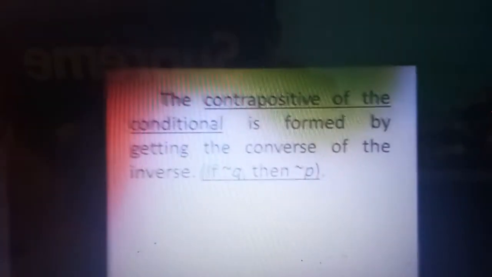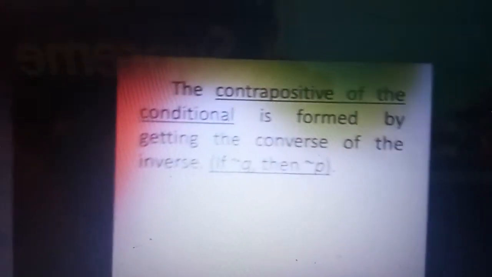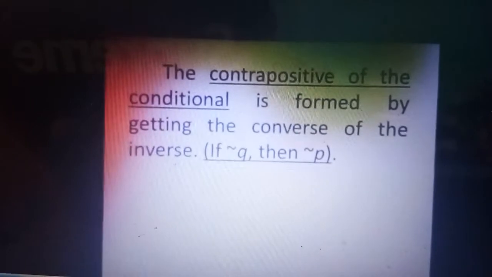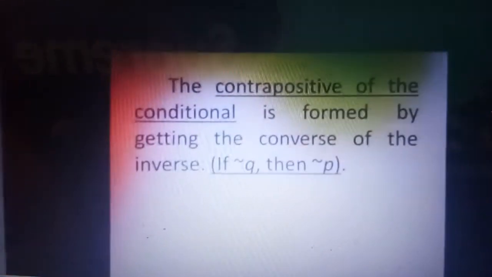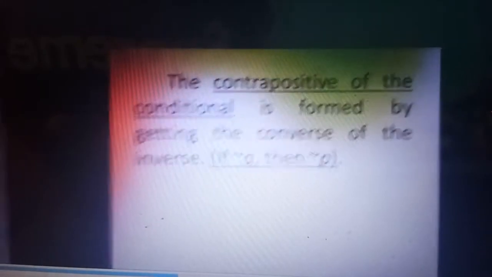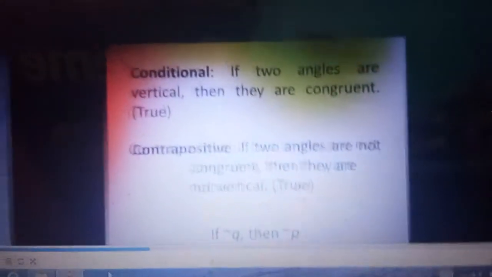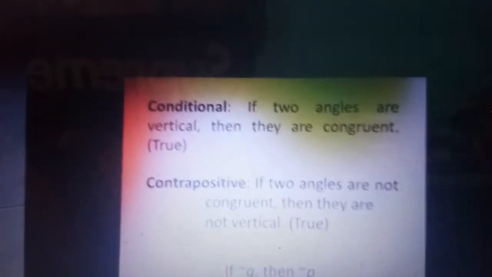Next, we're going to have the contrapositive, with the form if not Q, then not P. In the contrapositive we're going to have the word not in the statement. Again, our conditional: if two angles are vertical, then they are congruent.